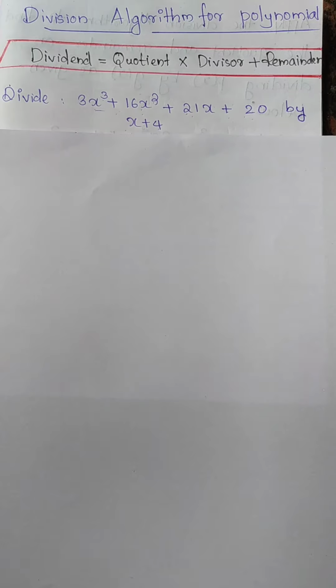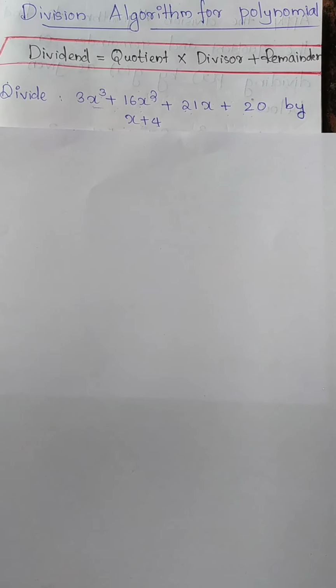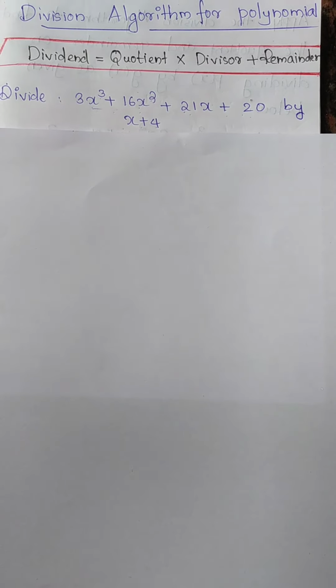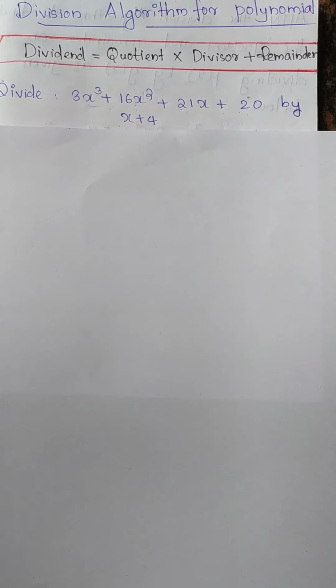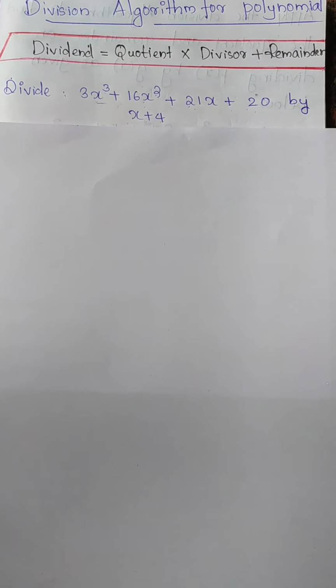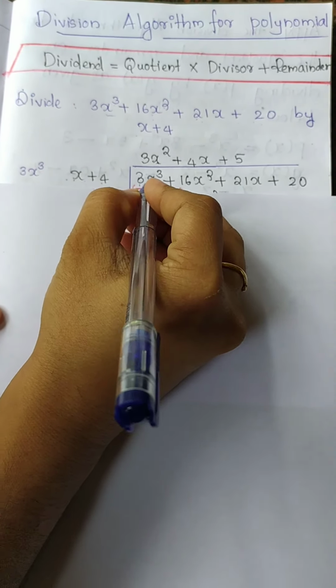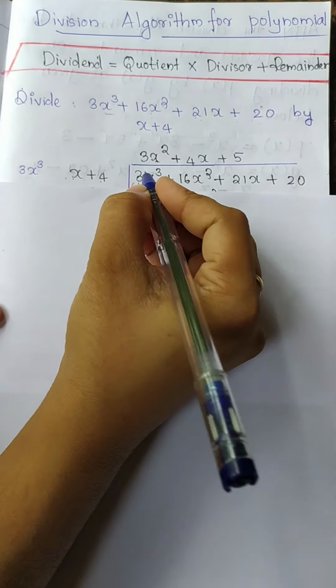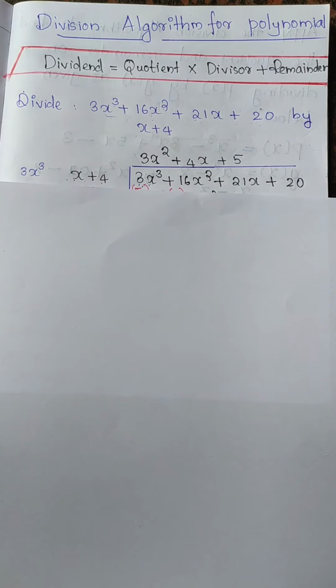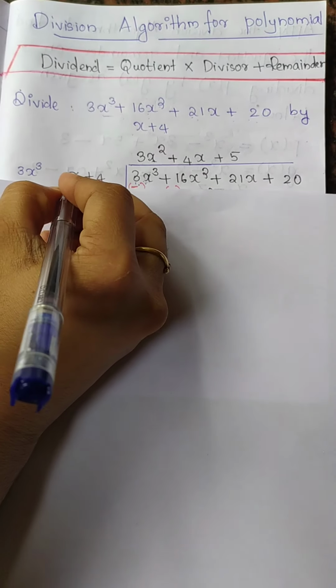The next step is to obtain the first term of the quotient: divide the highest degree term of the dividend by the highest degree term of the divisor. Which is the highest degree term of the dividend here? This is the highest degree term, that is 3x cube. And the highest degree term of the divisor is x.